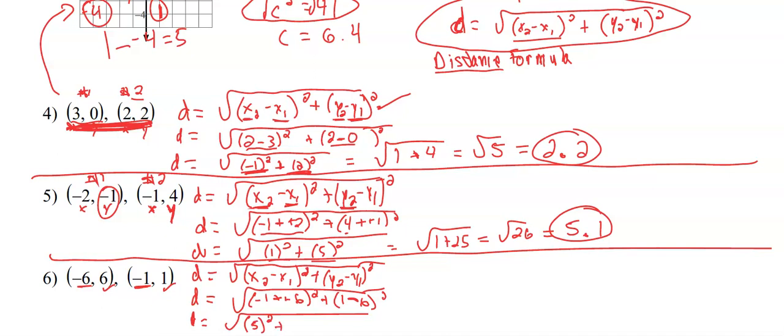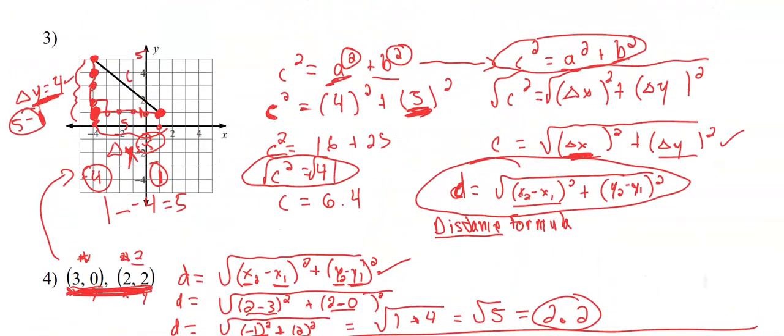Plus, and then 1 minus 6 should give us a -5 squared. Square each of those. So we should have the square root of 5 squared is 25. A -5 squared is also 25. Add those, and what we're really looking for is the square root of 50. Let me throw that in real quick. That should give you 7.1.